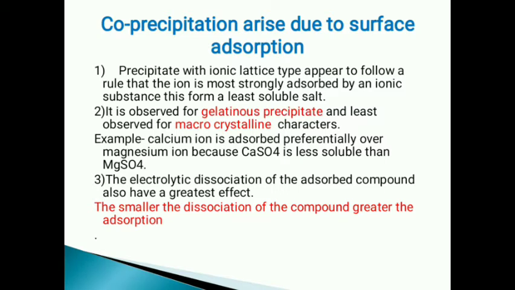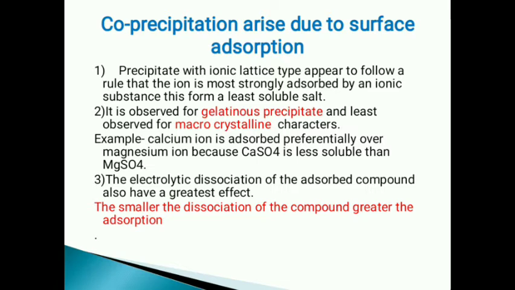In that, precipitates of the ionic lattice type appear to follow a rule that the ion most strongly adsorbed is the one that forms the least soluble salt with the ionic substance. It is observed for gelatinous precipitates and least observed for macrocrystalline ones.